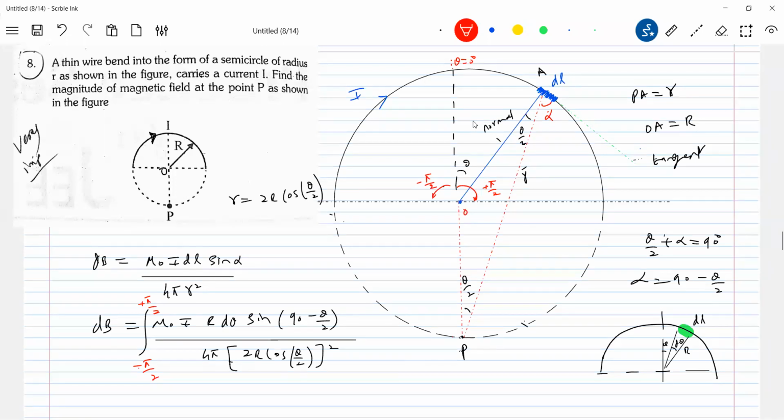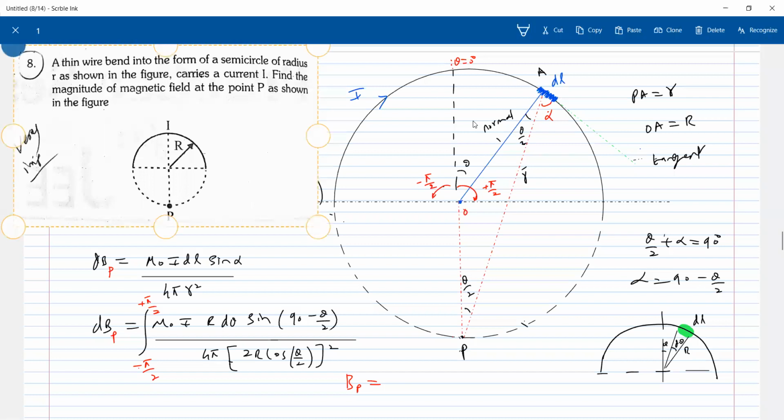Anybody value? Wait, I'll check the question. Yes, I think options are available or not, I don't know. Mu naught I by 4 pi r log of root 2 plus 1.